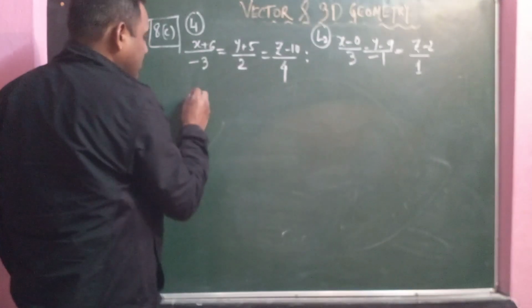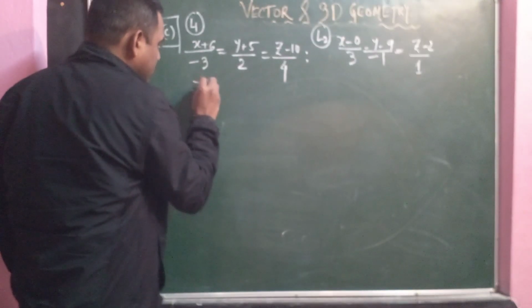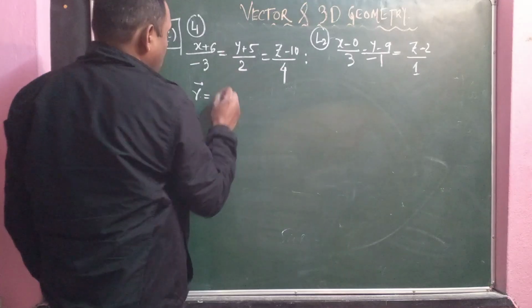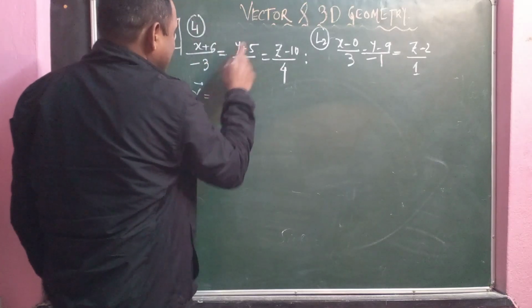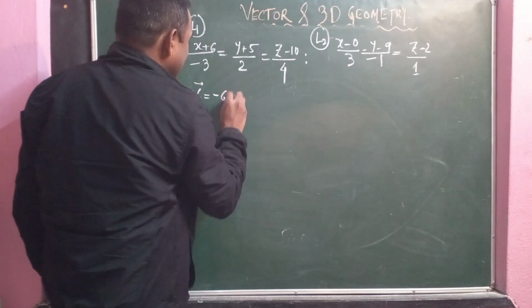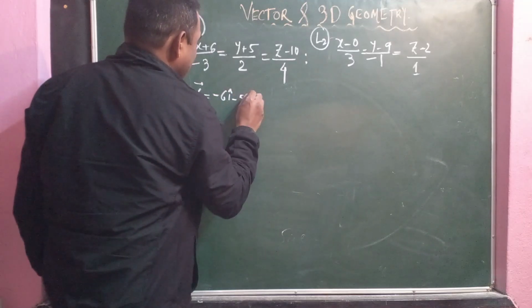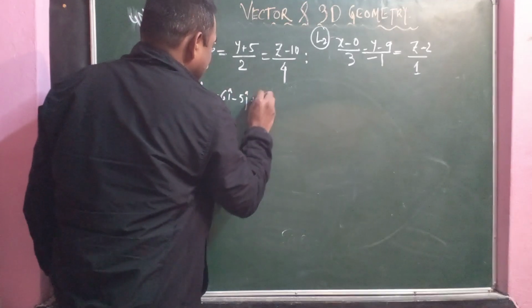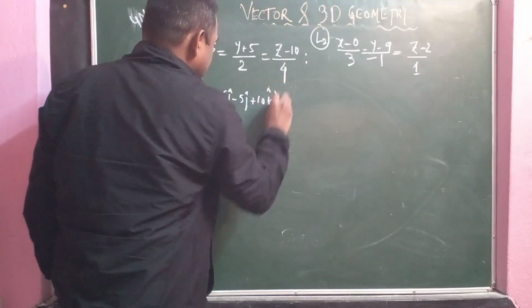So what will be the vector form? R vector, that is L1. L1 is minus 6i cap minus 5j cap plus 10k cap.